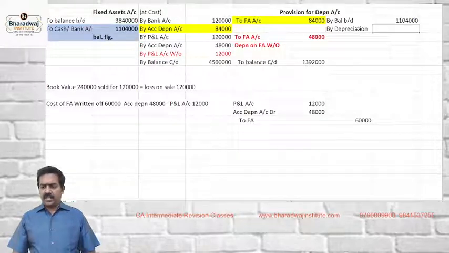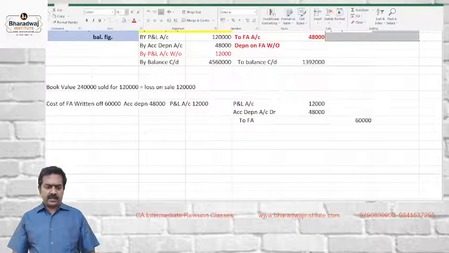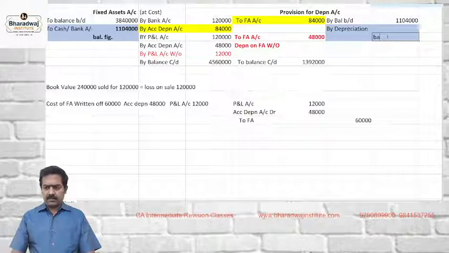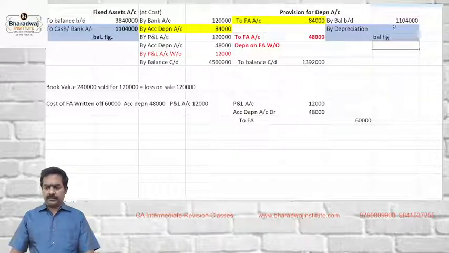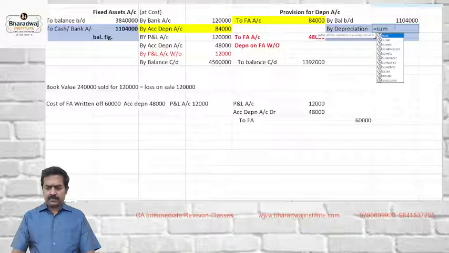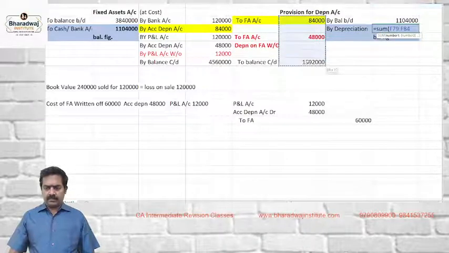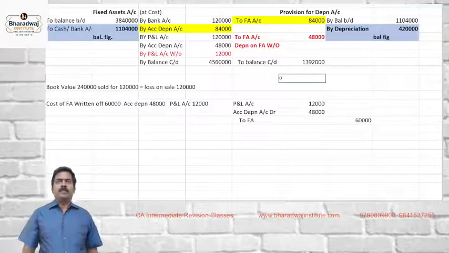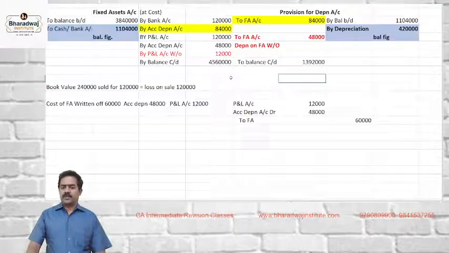Here you will get current year depreciation also as a balancing figure. So what will be the impact when you prepare cash flow statement?